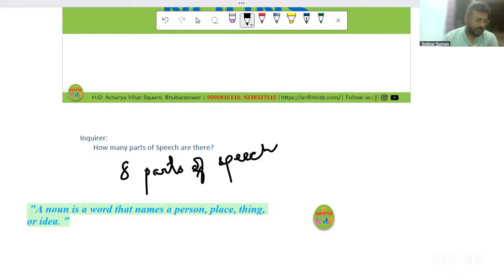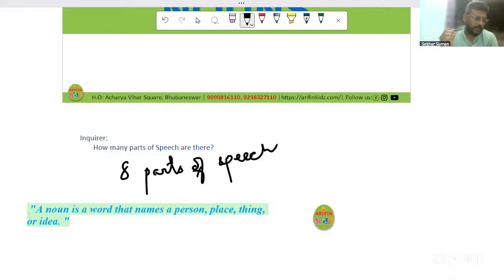So the grammarians have thought that let us have the categories for each part of speech. Let us keep 8 parts of speech, and each part of speech will have these categories, these functionalities, these features.